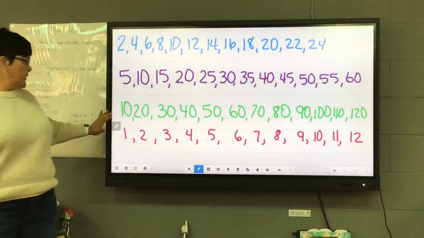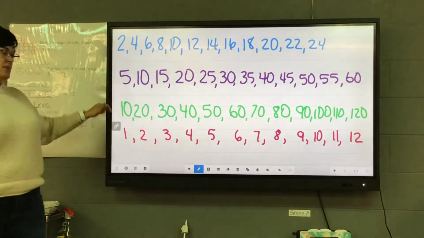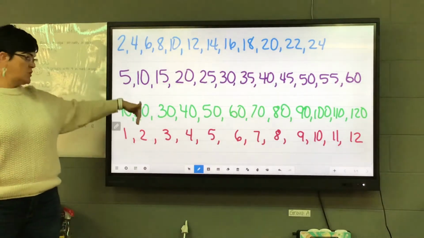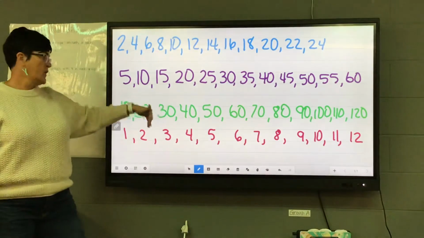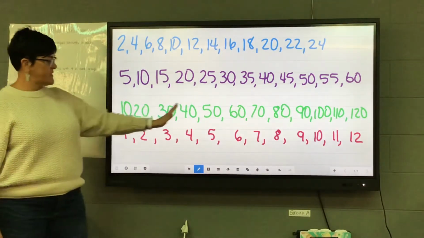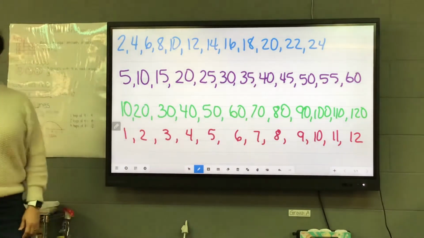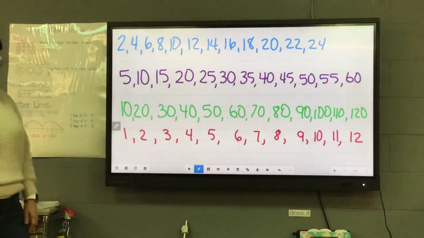So this is when we're multiplying by ones. 1 times 1 is 1. 1 times 2 is 2. 1 times 3 is 3. 1 times 4 is 4. Do you see how ones and tens are similar to each other? You just add a 0. Exactly.